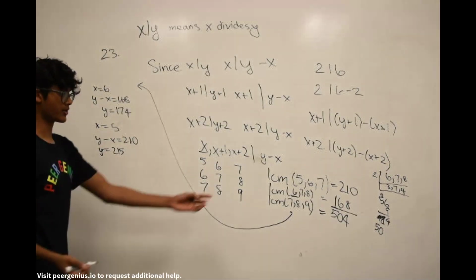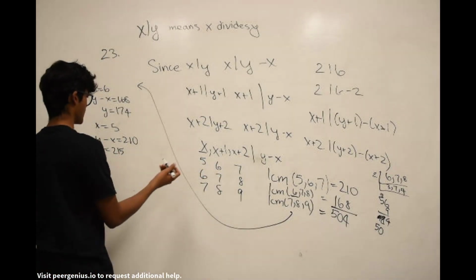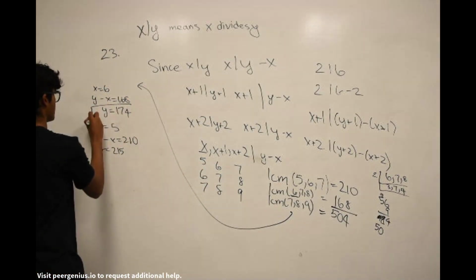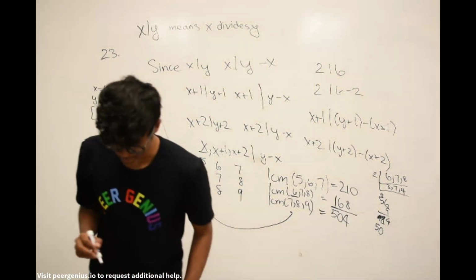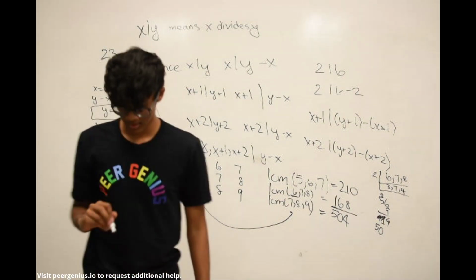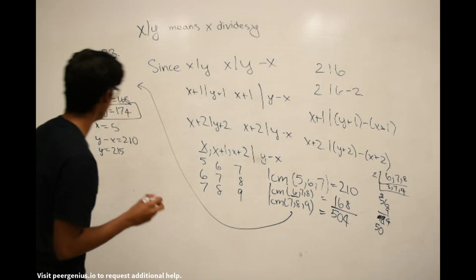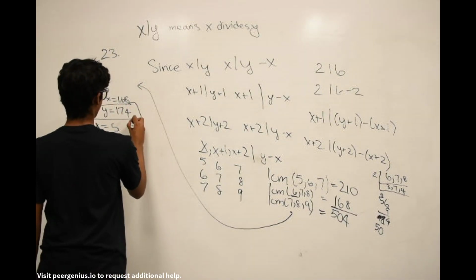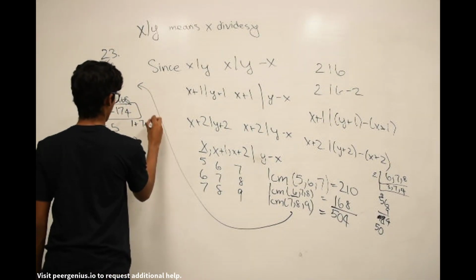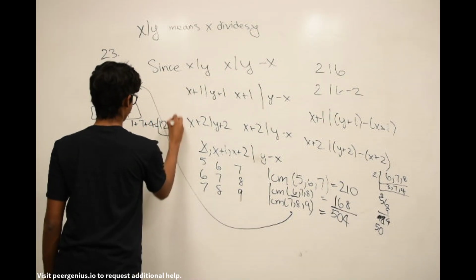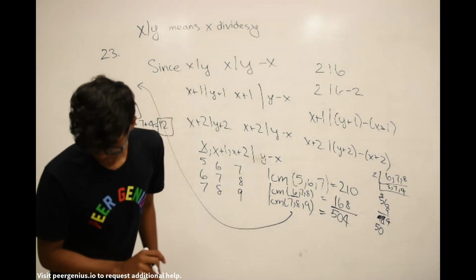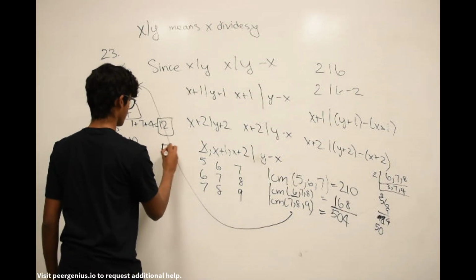And for the other case, 504, it's also going to be bigger. So y equals 174 is your smallest case for y, and it's asking for the sum of the digits, which is 1 plus 7 plus 4, which is 12. For 12, the answer choice is going to be E.